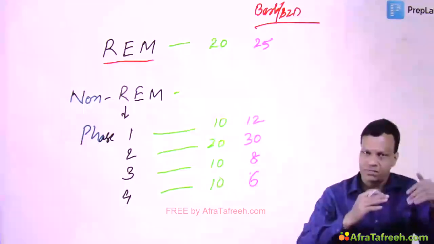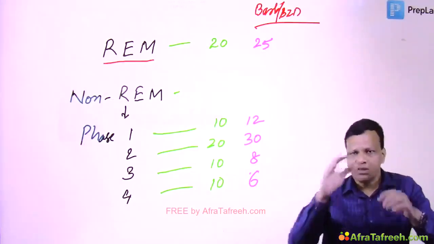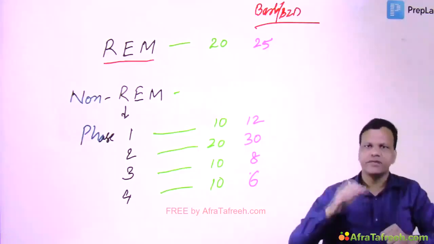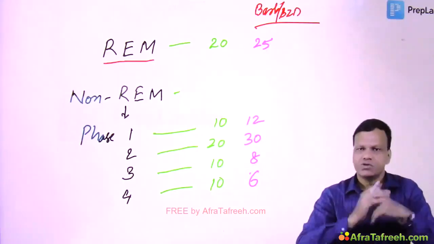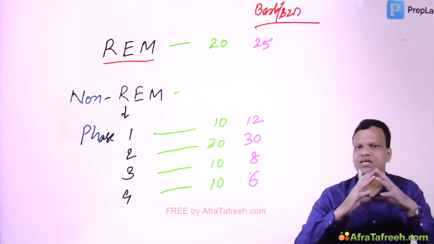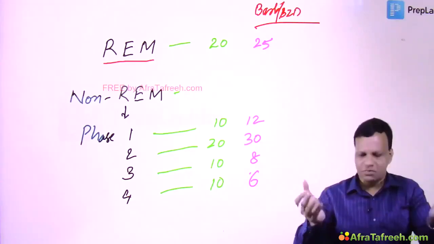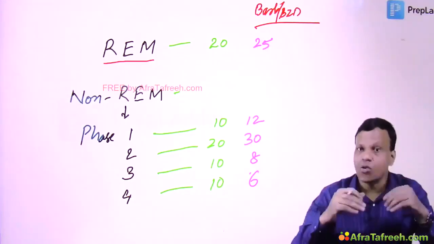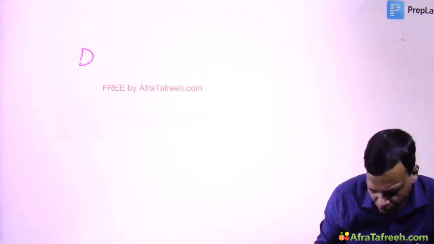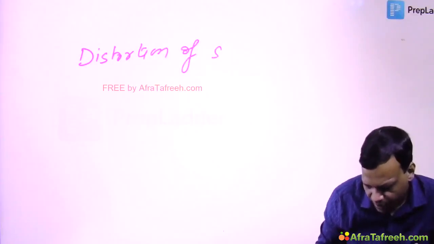So benzodiazepines have increased the duration of sleep, but all the phases are not increased proportionately. Some phases increased more, some less, or some may even be decreased. So when we give benzodiazepine, the sleep quality no longer remains normal. Although they increase the quantity of sleep, they compromise the quality of sleep. And technically that is known as, they cause distortion of sleep architecture.